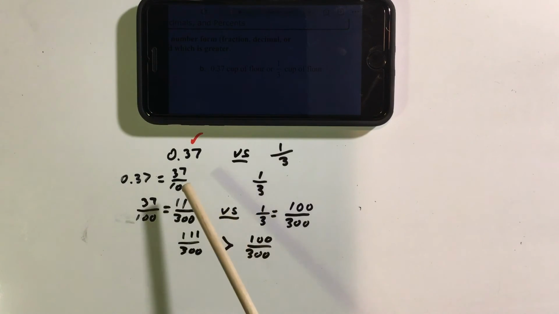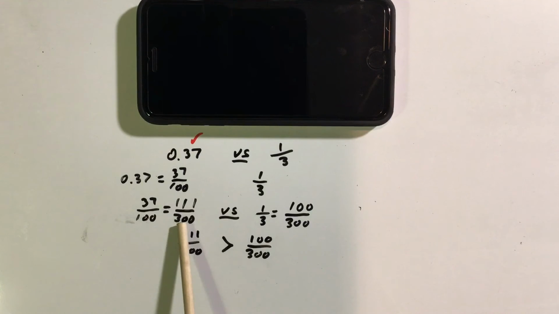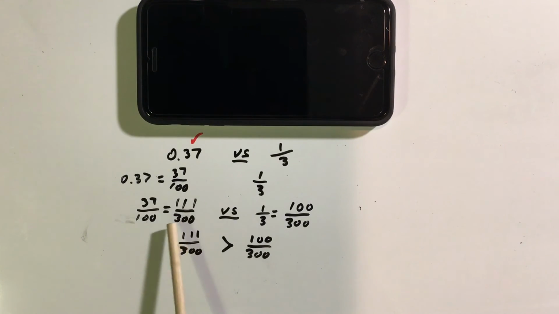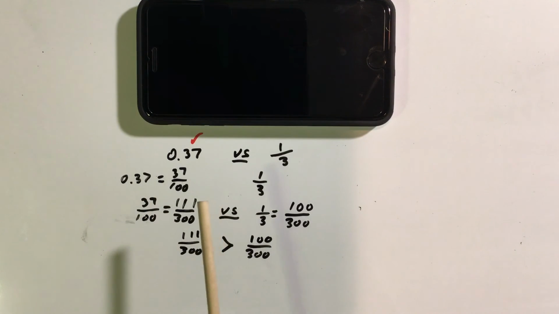So I need to find a common denominator between 100 and 3. Well, that's a pretty easy problem. Hopefully you thought of 300 right away. So what I did is I turned 100 into 300, and remember that if I multiply 100 by 3, I must multiply 37 by 3, and that gave me 111.